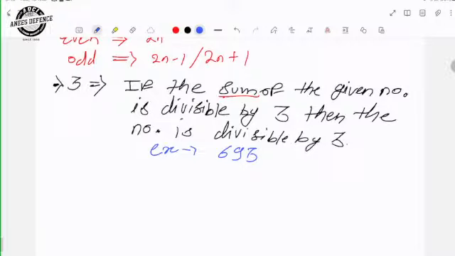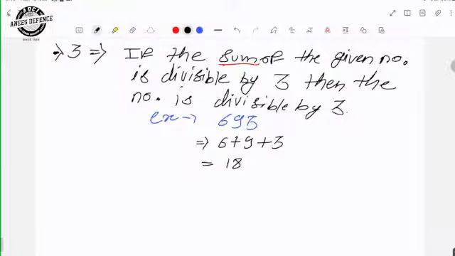How can you check? First, you should add the digits. That means 6 plus 9 plus 3. You should check the sum of the digits. What is the sum? 18. And is 18 divisible by 3? Yes. The sum of the digits is 18.